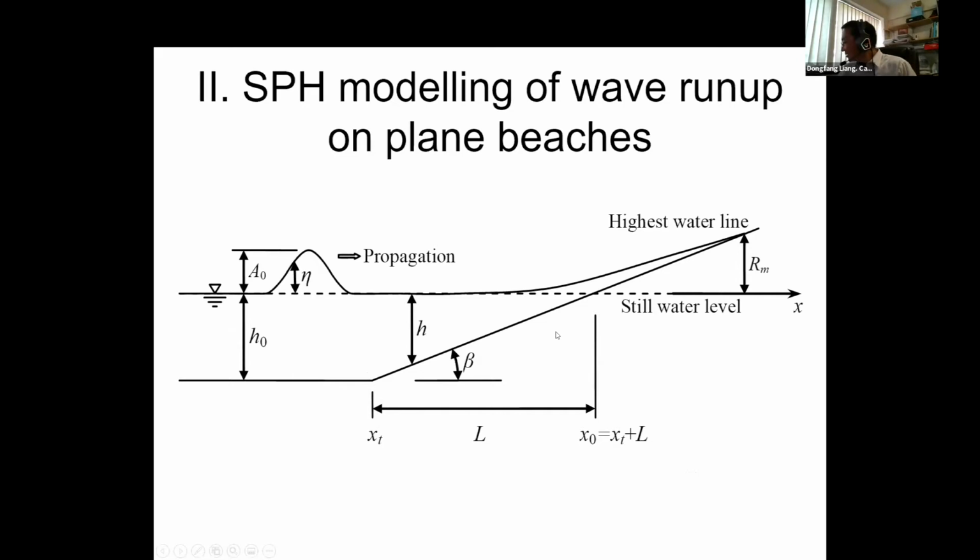The next topic I want to mention is the solitary wave interaction with permeable beaches. So traditionally, people often assume that the beach is solid, impermeable, and there have been a lot of analytical studies and also experiments to study how the run-up height on the beach is related to the slope and also the height of the incoming waves.